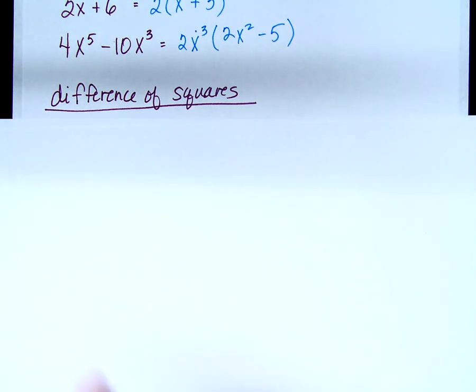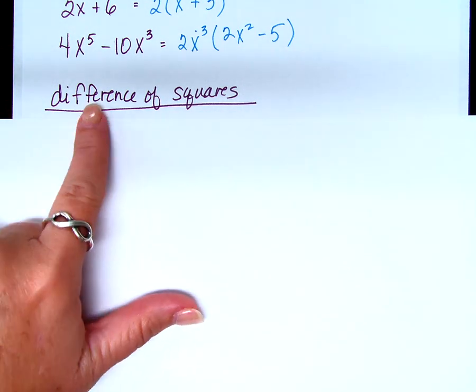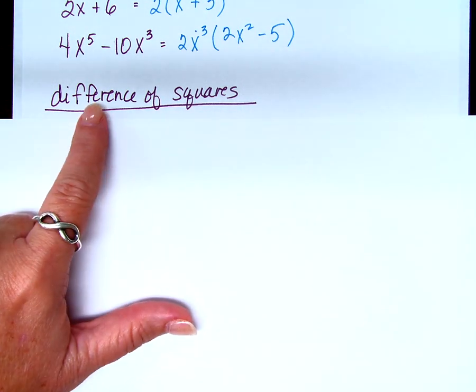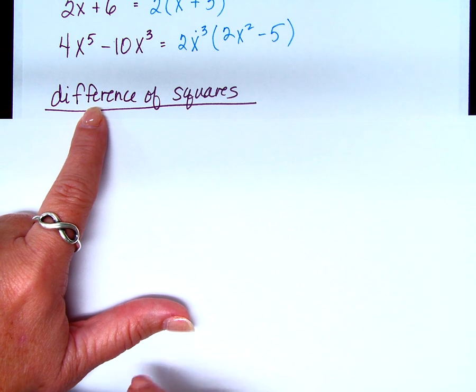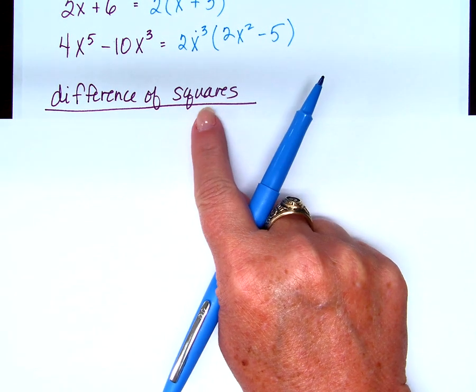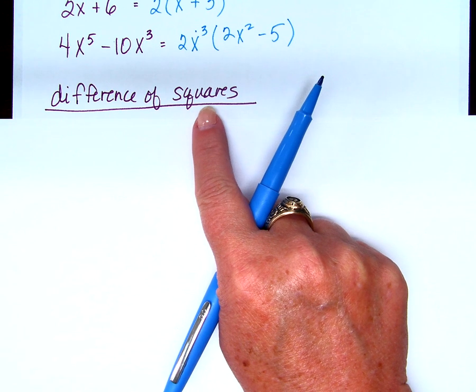So what do you think I mean by this vocabulary? What does this word mean? Subtract, right? Difference means subtract. And what do you think I mean by this term? Do you think I mean like geometry squares?